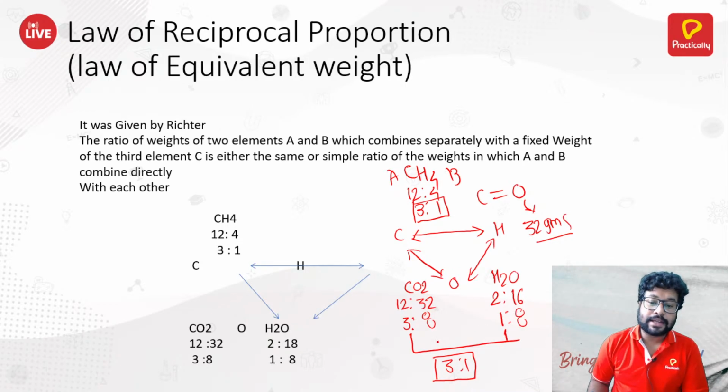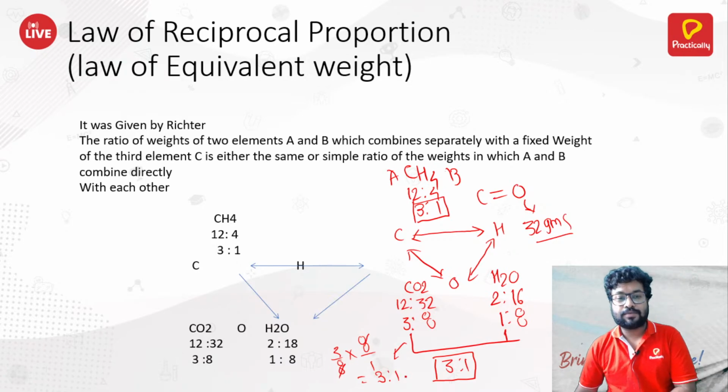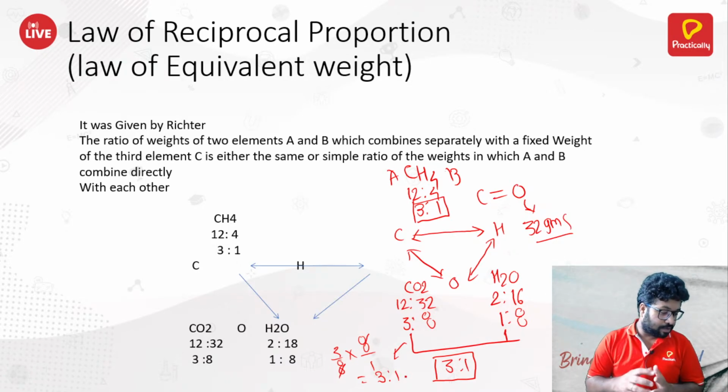If you take the ratio of 3:8 to 1:8, that means 3 divided by 8 into 8 divided by 1, the 8 gets cancelled. What we get is 3:1. That's what the law of reciprocal proportion is all about.